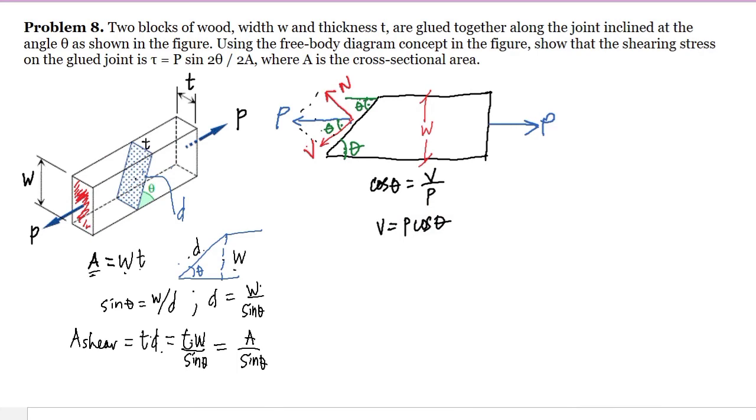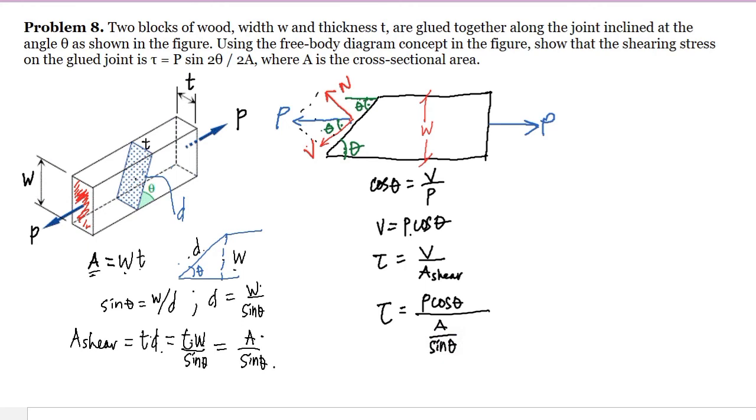Now, from the idea of the shear stress, we have shear stress is equal to shear force over the shear area. So we have the shear stress is equal to V, but V is equal to P cosine theta. So we have here P cosine theta over the shear area, which is A over sine theta.